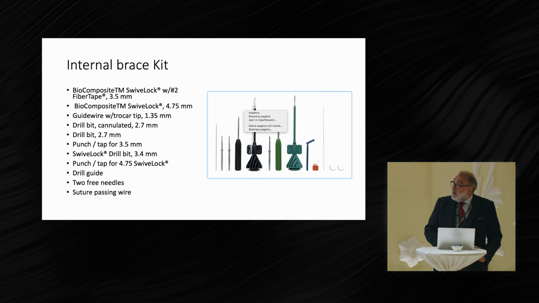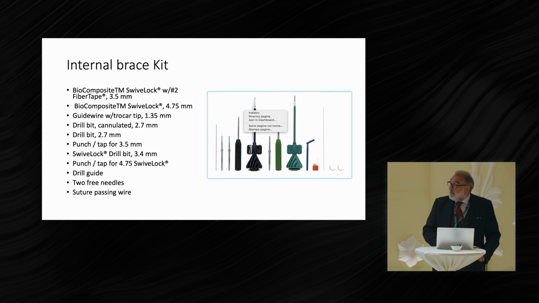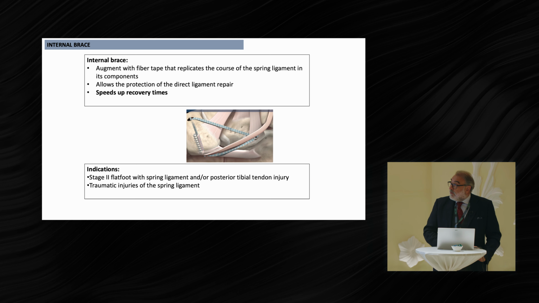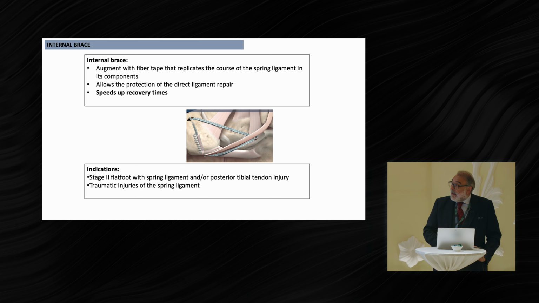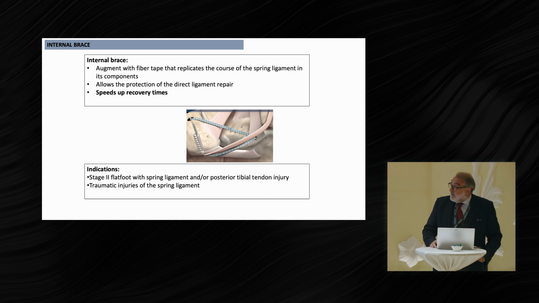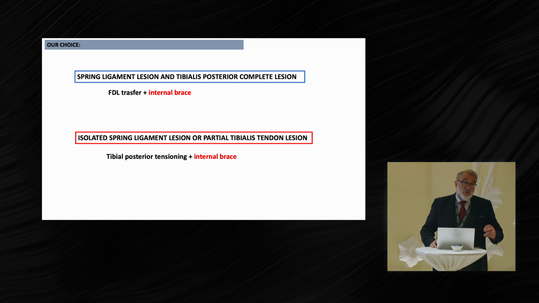How to use it? We have two strands. The inferior strand goes down inside with the tendon, the flexor digitorum longus tendon, and the superior strand goes from upside to down, and then finally is fixed into the navicular. So we have two options.